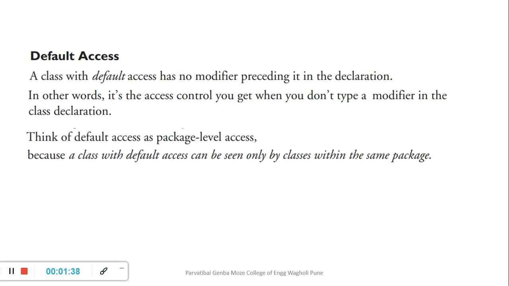So what is default access? When you don't specify any access specifier, then it becomes default access. And when a class has default access, it's only accessible inside the package. It's not accessible outside the package.